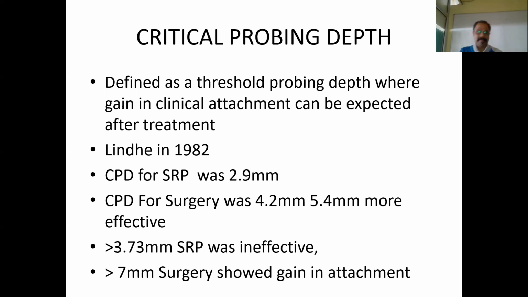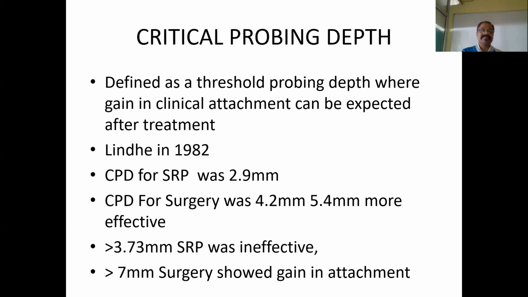Good, right? Okay. So the critical probing depth for flap surgery is supposed to be 4.2 mm. That means if you do a periodontal surgery for a patient who has a pocket depth less than 4.2 mm, you're going to induce attachment loss. If the pocket depth is more than 4.2 mm, you're going to have an attachment gain.